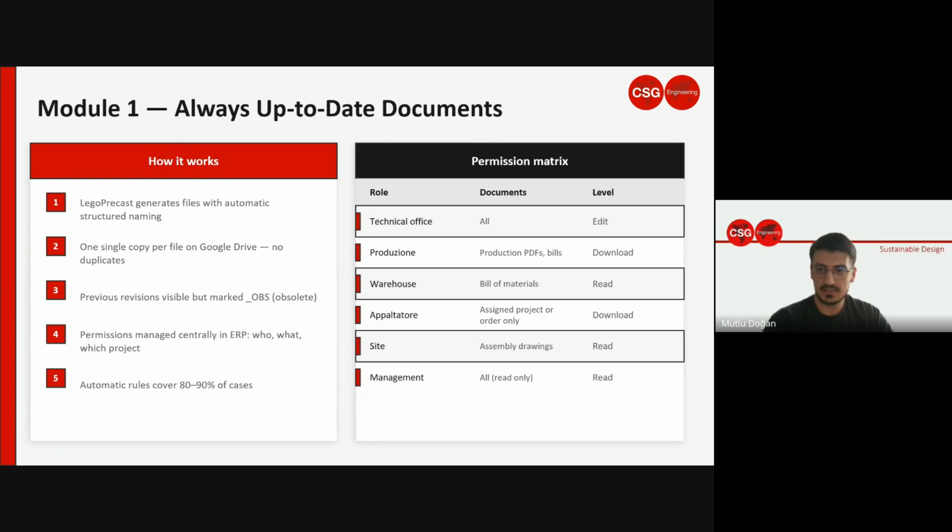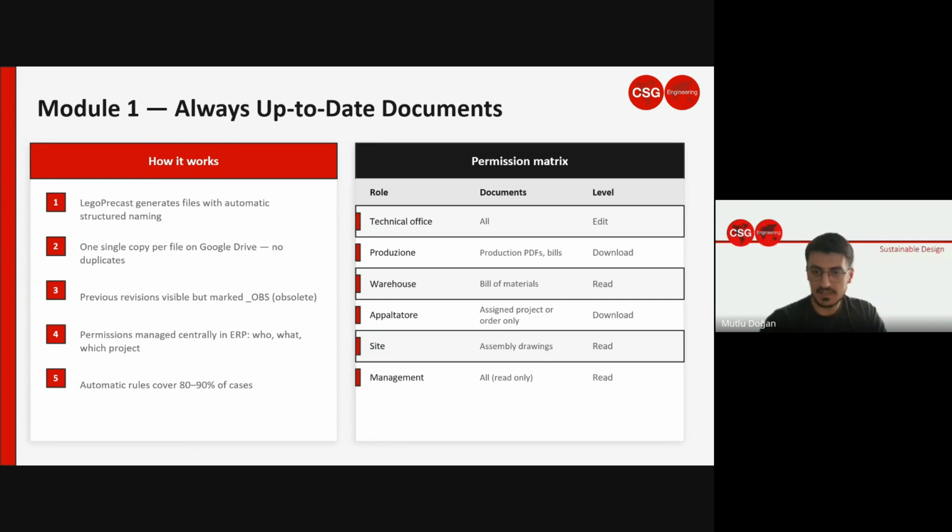Each file has exactly one copy on Google Drive, not one per person, not one per department, just one. So when a revision comes in, the new version replaces the old one. The old one stays on Drive, but it's automatically marked with the suffix underscore OBS, which means obsolete.